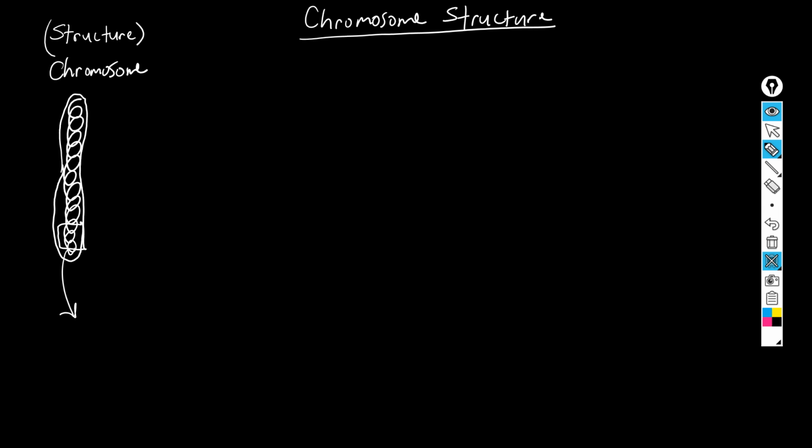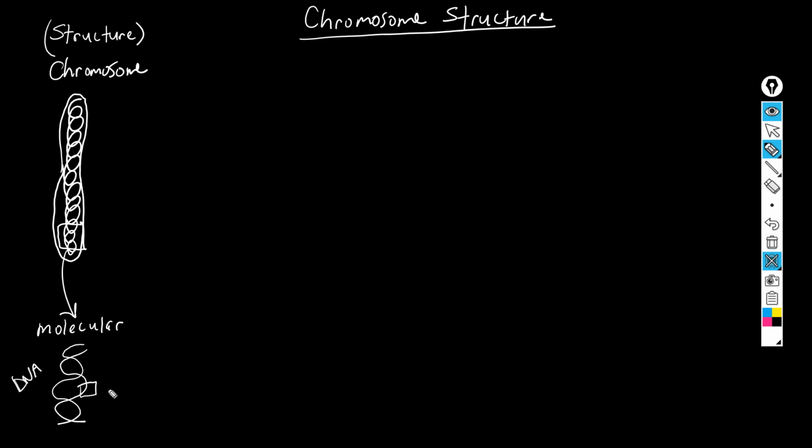And if we take this and enlarge it to the molecular level, that's where we're going to see our characteristic double helix, right? That's where we see our DNA, which is a nucleic acid, which is an organic molecule.